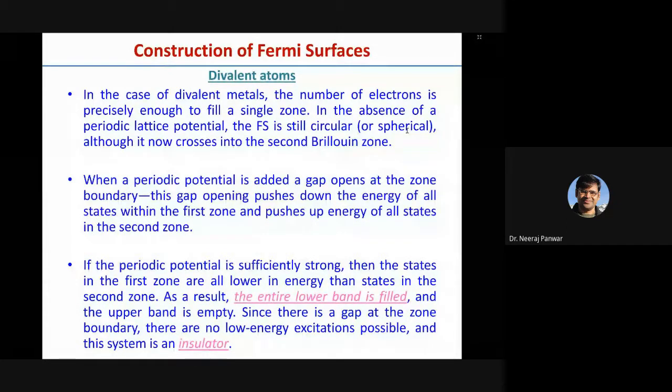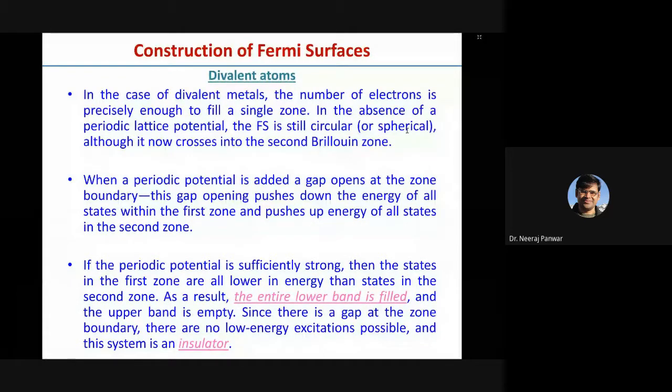Its valence state would be +1, like alkali metals sodium, potassium, lithium, and they have the BCC structure. So we saw how the Fermi surface will look in the absence and presence of a periodic potential.